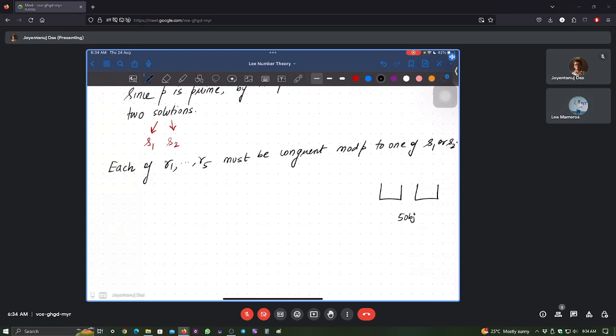So at least one of the boxes should have three objects, right? So that is the pigeonhole principle. So these five things R1, R2 up to R5 are either S1 or S2.